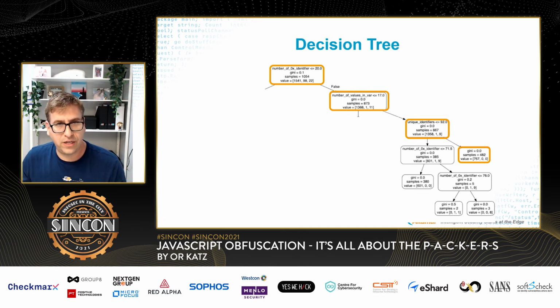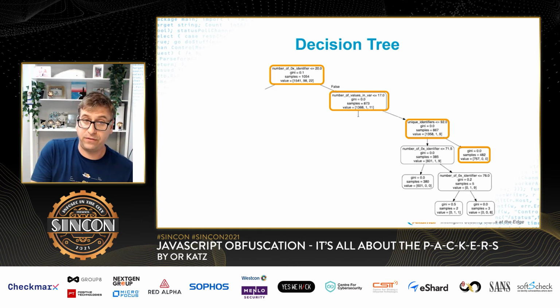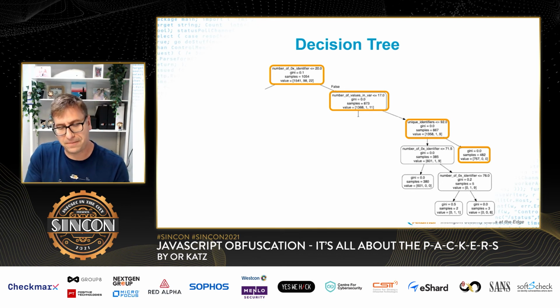Using those 3 features I was mentioning, if we have more than 20 identifiers that have a suffix of _0x, and if those samples also have a number of values in an array that is greater than 17, adding to that the number of unique identifiers bigger than 92, using only those, we were able to detect 757 out of the 1500 samples that we have for the push shift packer, and classify them as malicious.